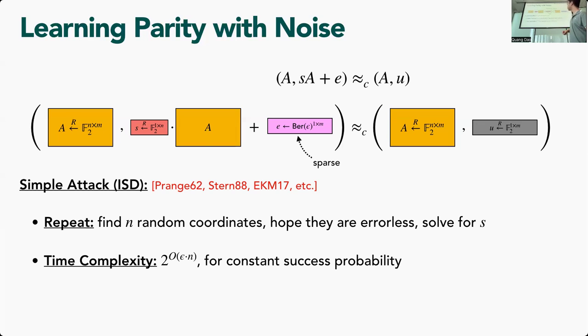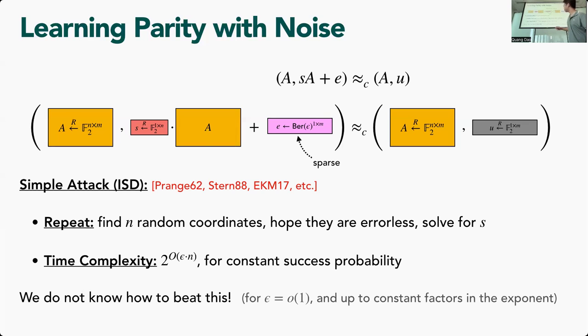We don't know any better attack here. And so the time complexity is basically 2 to the some constant times epsilon times n. And yeah, this is LPN.